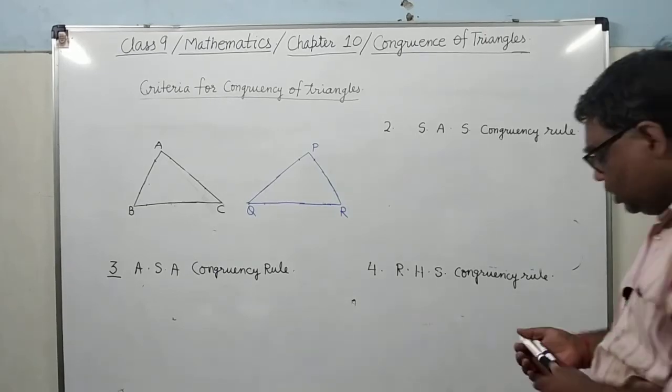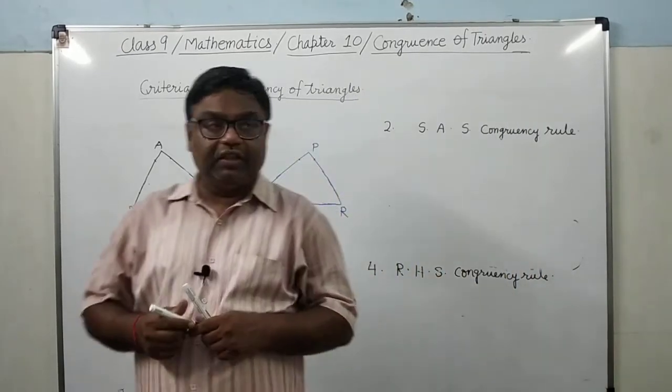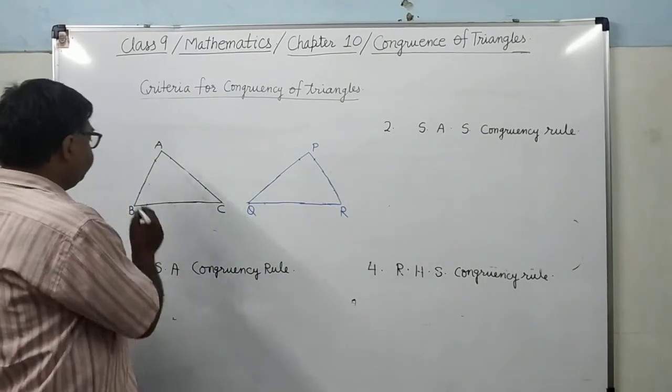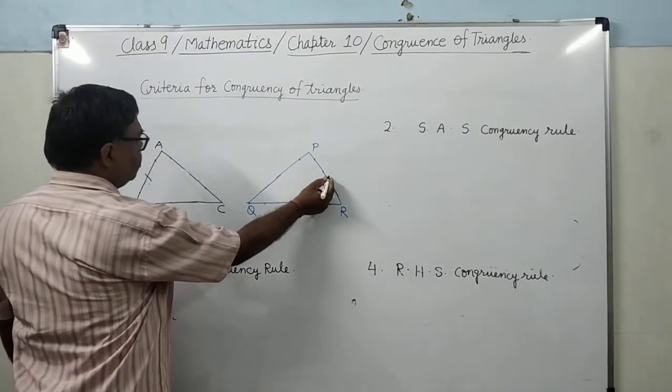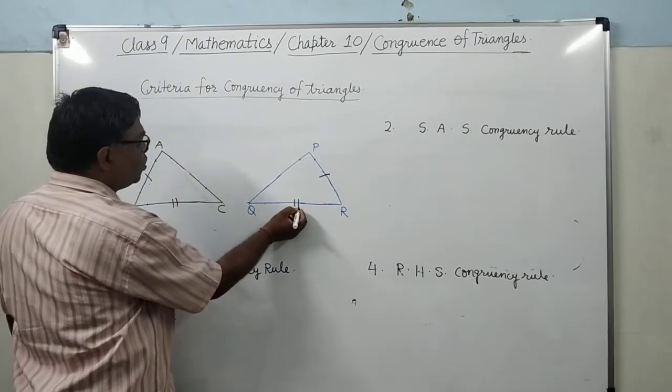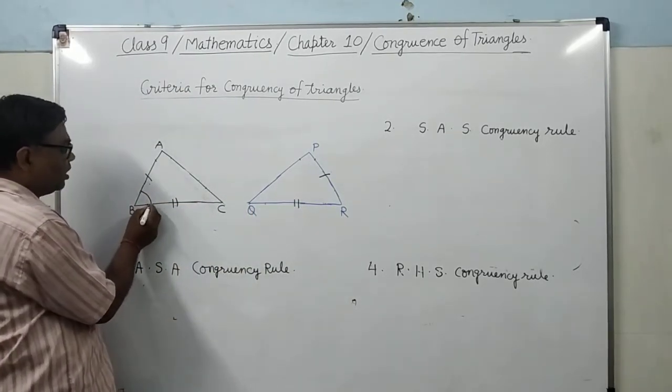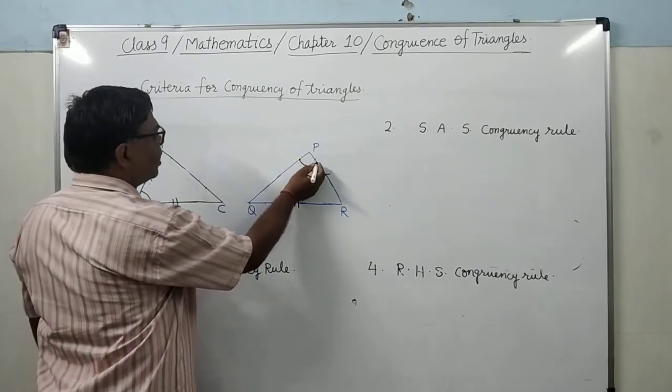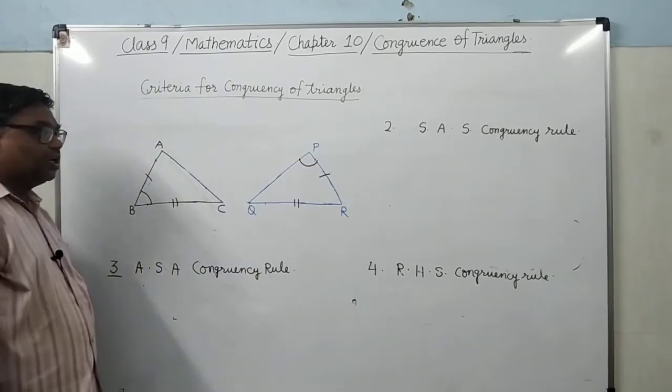You can see here in between these two triangles, AB is given equal to PR, BC is given equal to QR, and this angle is given equal to this angle. Whether they will be congruent?